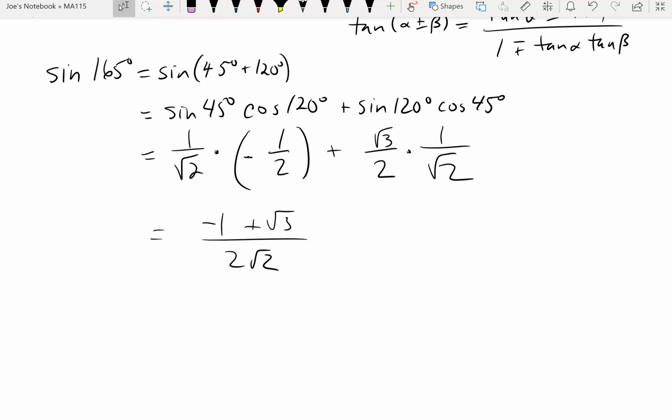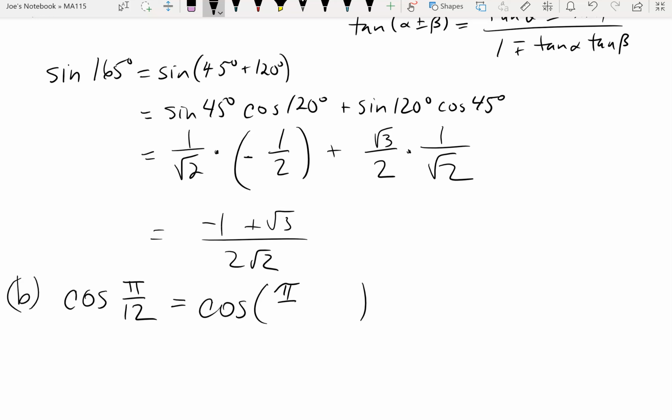Let's do part B here. This one wants cosine of pi over 12. Again, a good angle to try to put in here is 45 degrees, or in radians, 45 degrees is pi over 4. So if I use pi over 4 first, let's think about this off to the side.